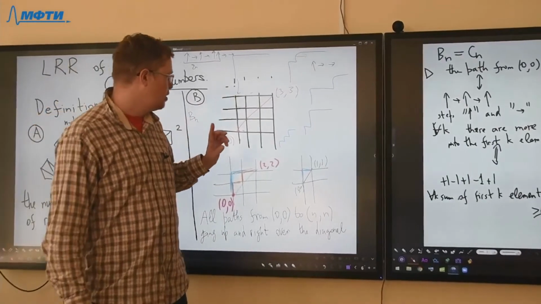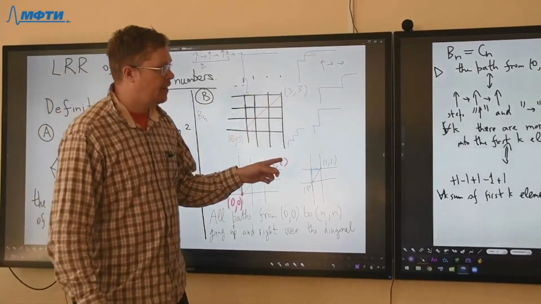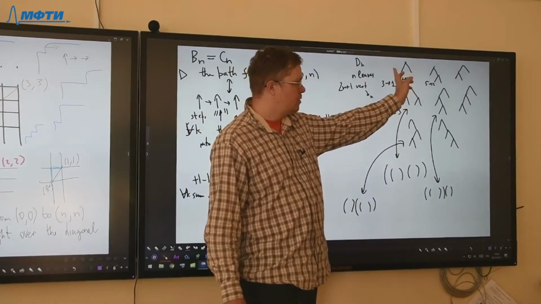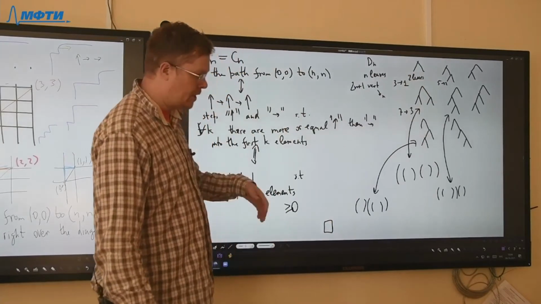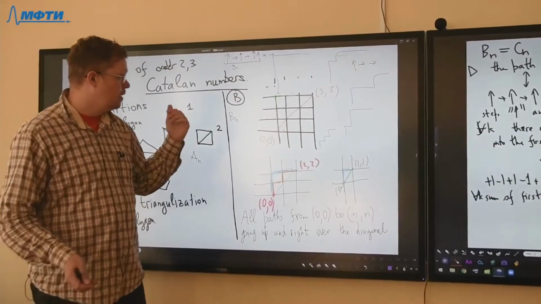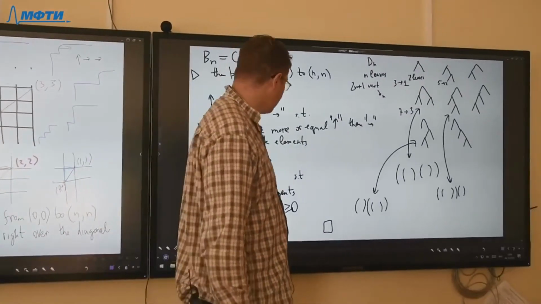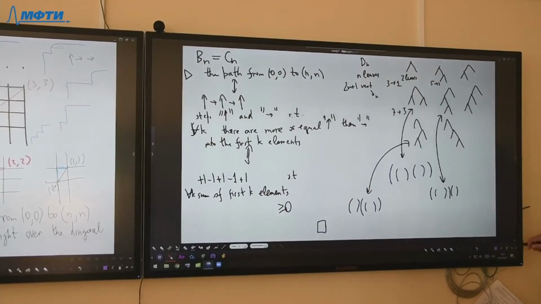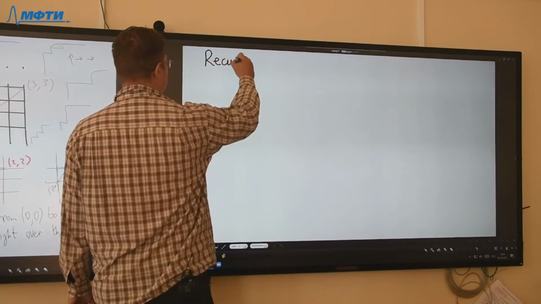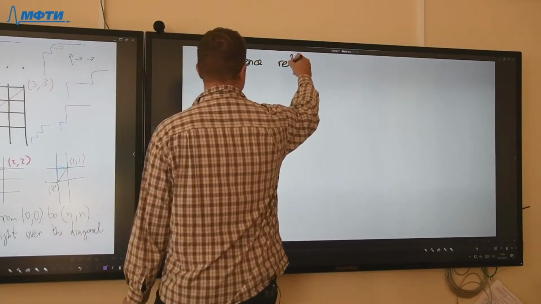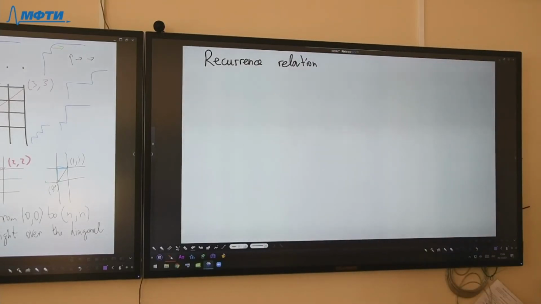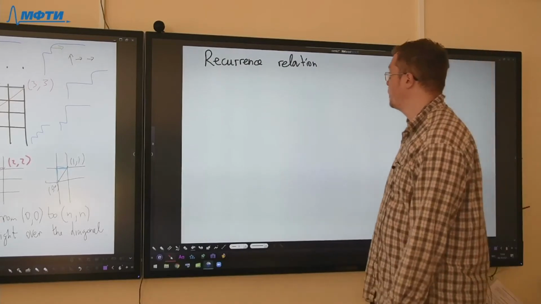If for this guy the recurrence relation is the same, and we check that the first 2 elements are equal, then we'll prove that Bn is equal to Dn minus 1. So first of all, let's give the recurrence relation, and it will help us to see the projection between Bn and Dn minus 1.